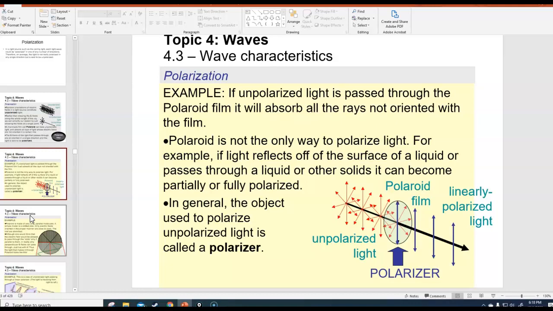And those sunglasses are designed to remove those polarized reflections because they're polarized in a direction that doesn't get through the filter in the sunglasses.